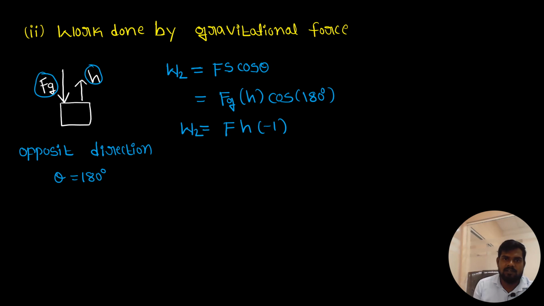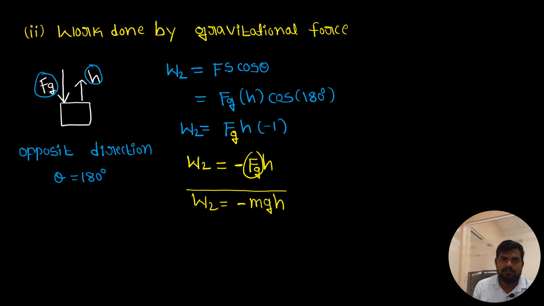So W2 is equal to minus Fg h. Here the gravitational force F is nothing but mg. Then W2 is equal to minus mgh.